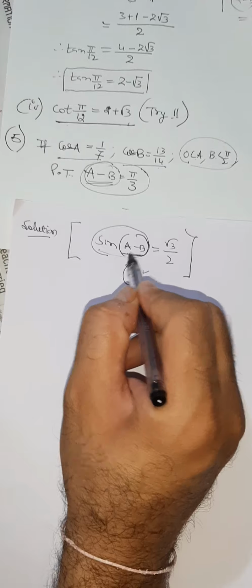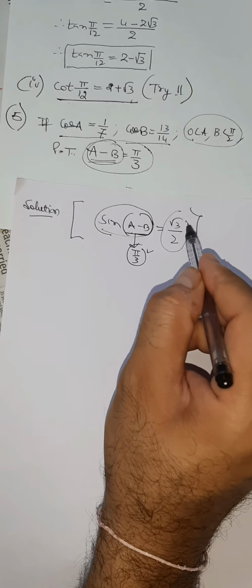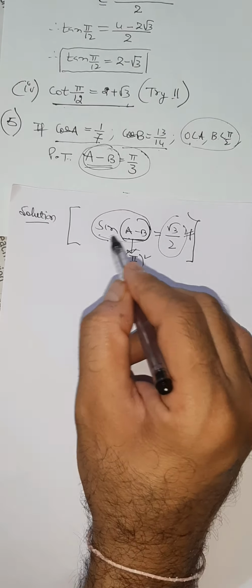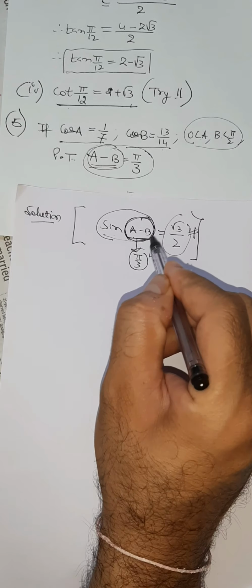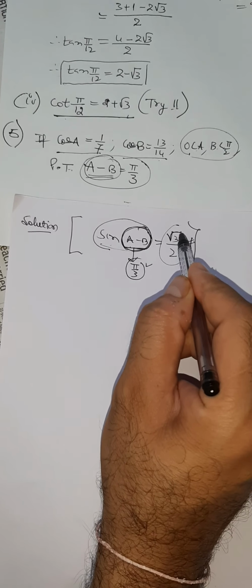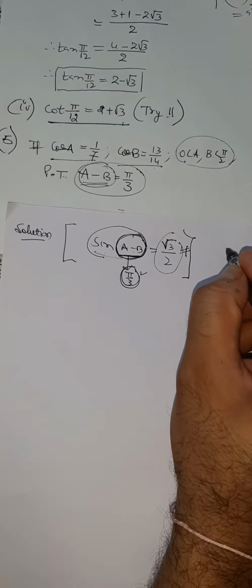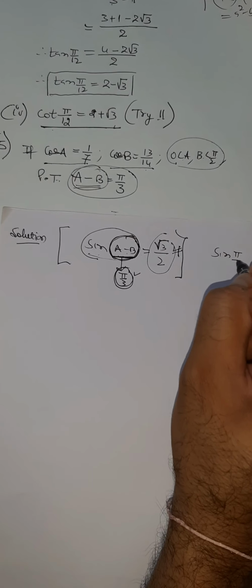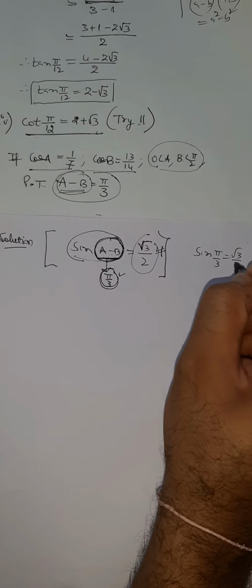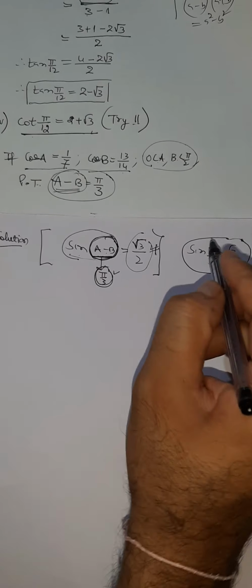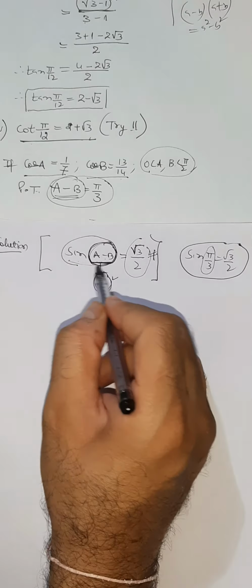So I'll start with this. I'll use the addition formula, put all the values and try to show this. If I can show that the sine of some angle equals root 3 by 2, then this angle has to be pi by 3, since sine pi by 3 is root 3 by 2. This you know. So this is like A minus B here. Fine.